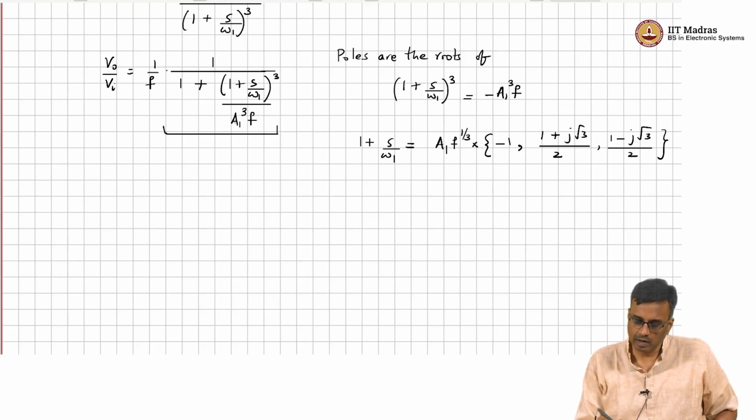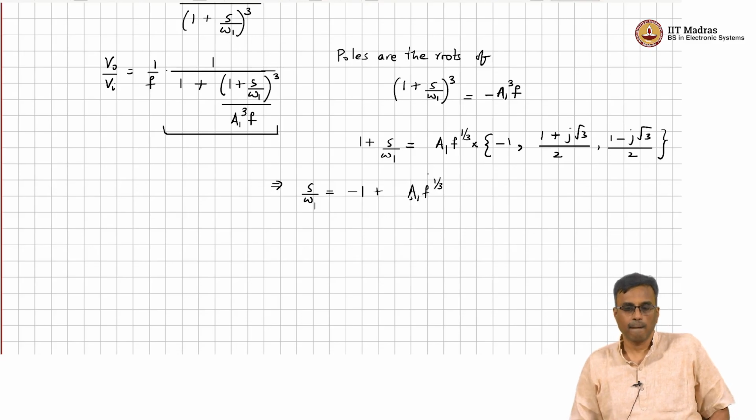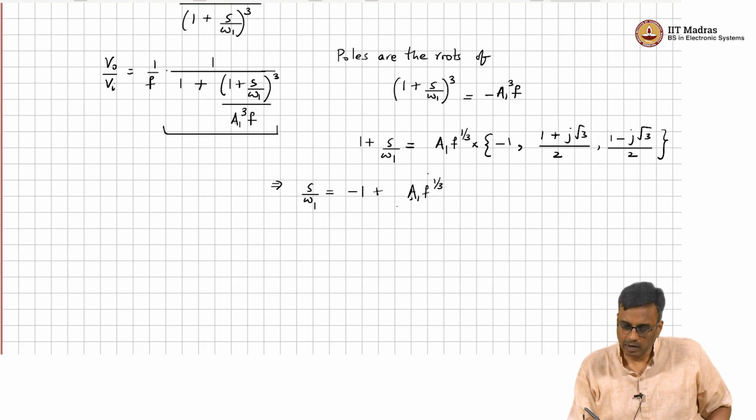So, what is s itself, or what is s over omega 1? It is minus 1 plus a 1 f to the 1/3, correct, times minus 1 plus minus j root 3 by 2.